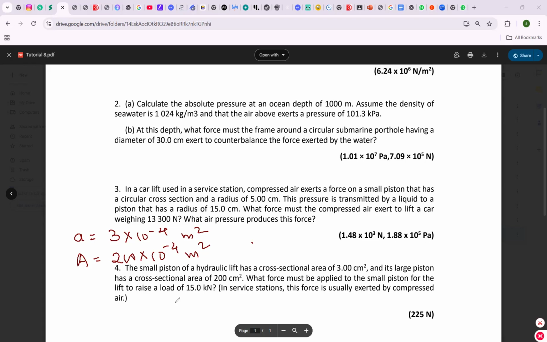What mistake have I done now? Oh, I didn't put the square.